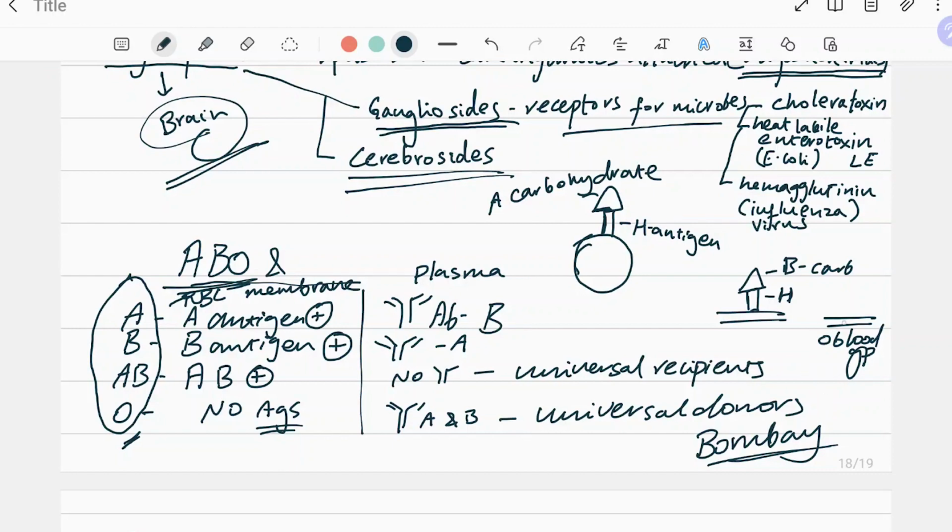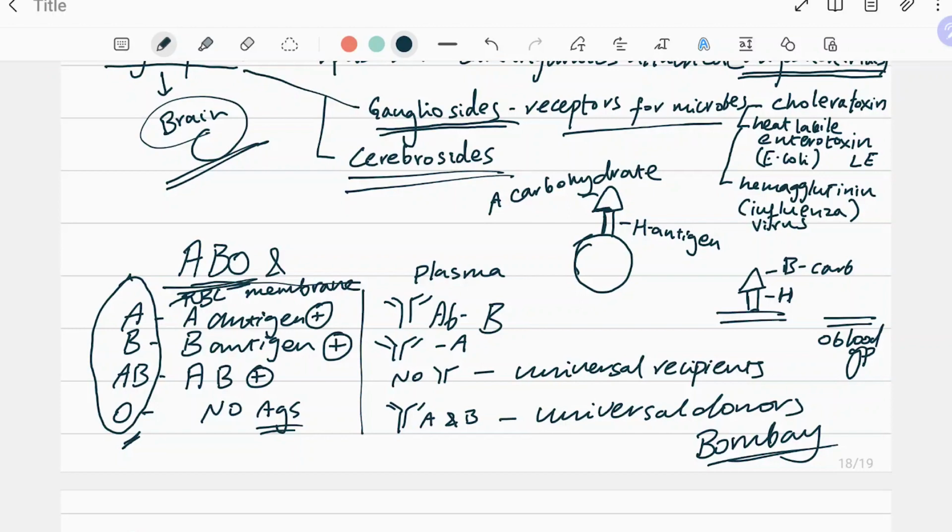Look, these people never saw the H antigen in their life. So if you give them O blood, the O blood has an antigen which the Bombay blood group people do not have. So what's going to happen? It will cause a mismatched transfusion. There will be a reaction, and it will cause damage to the tissue. There will be a type 2 hypersensitivity reaction, which is your mismatched blood transfusion reaction.